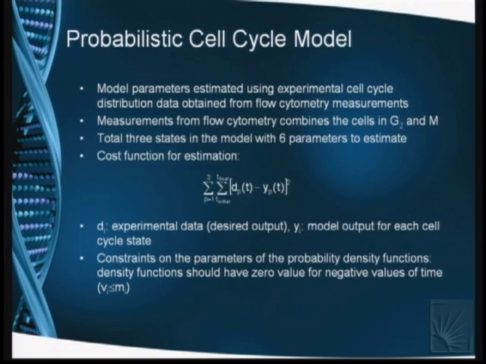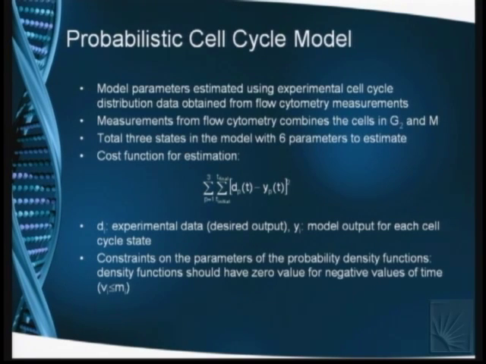We estimate the parameters of the model using flow cytometry measurements. From the flow cytometry measurements, we get the percentages of cells in each cell cycle state. And actually, in the flow cytometry measurements, the G2 and M phases are measured together. So we lump those two states together. So we have 3 states in our model.